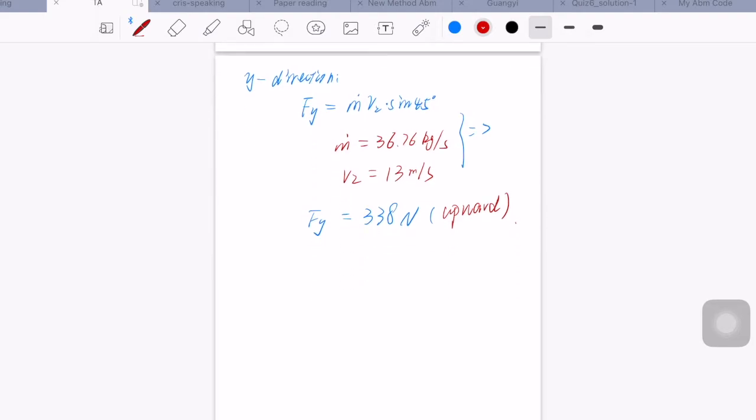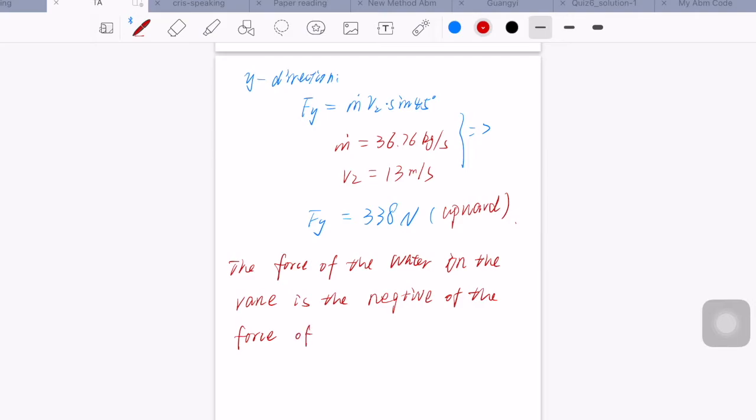And we know the force of the water on the van is the negative of the force of the van on the water.